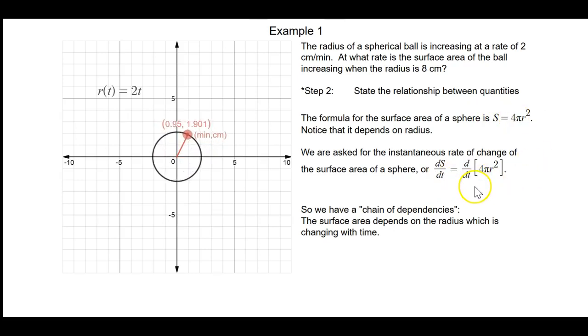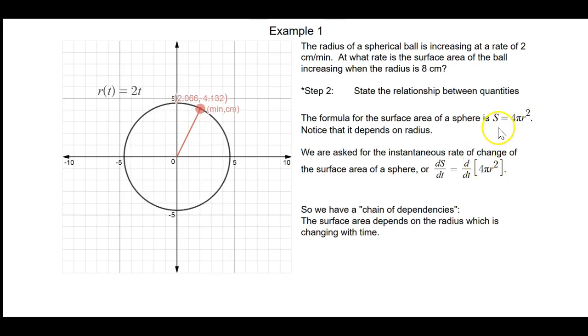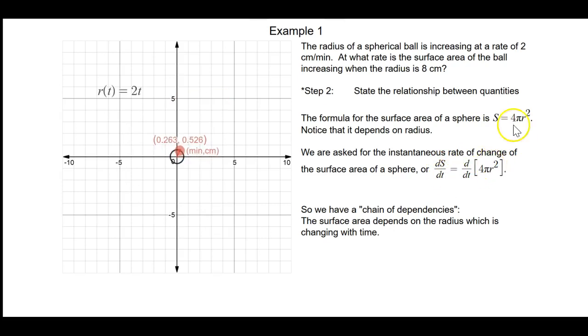We're using the chain rule because, remember, that radius is actually a function of time. And we want to find the derivative of s with respect to t. Now, there's no t showing up in this formula, but we know that hidden within this, the radius is a function of t. So we're going to be using that same type of thinking we did with implicit differentiation.